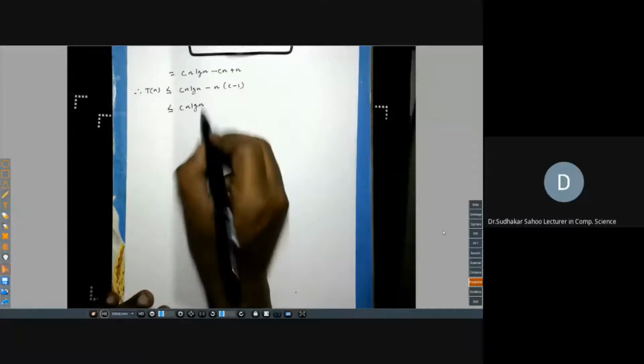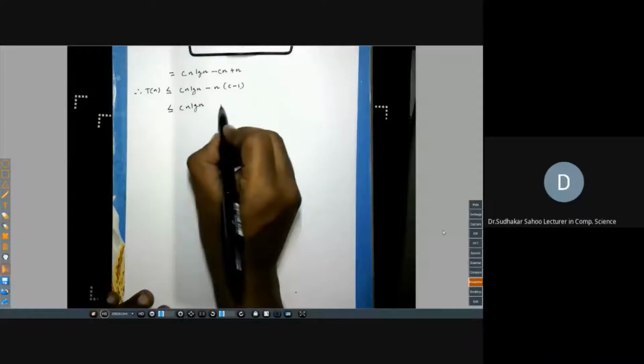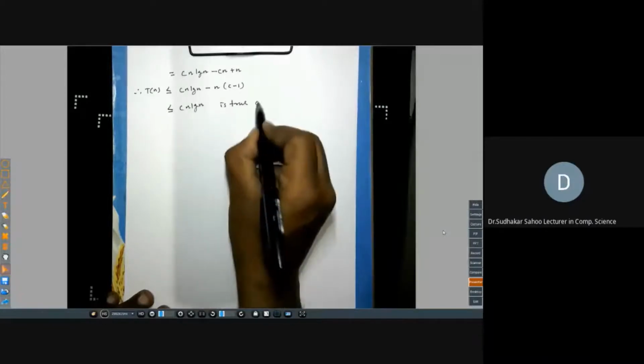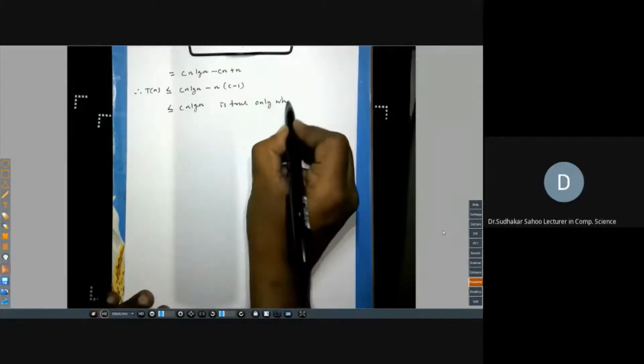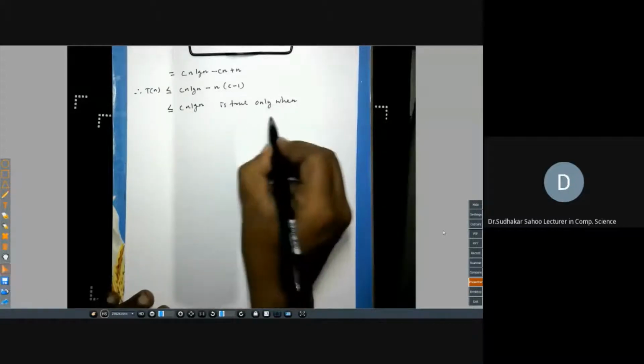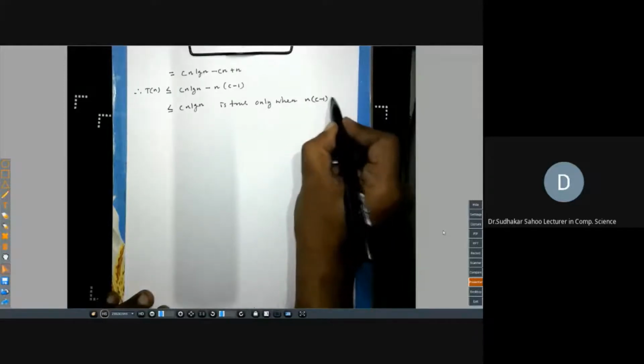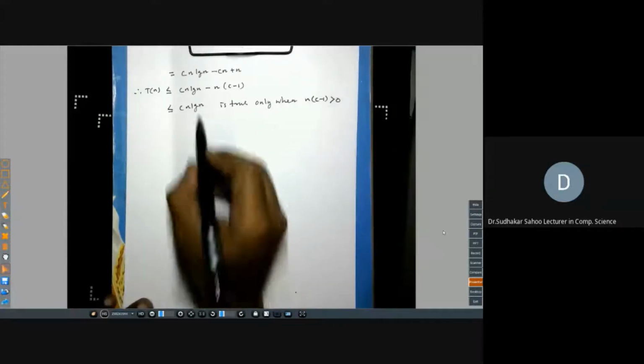So is it valid? So this is true only when this is positive, right? n into (C minus 1) is positive, right?